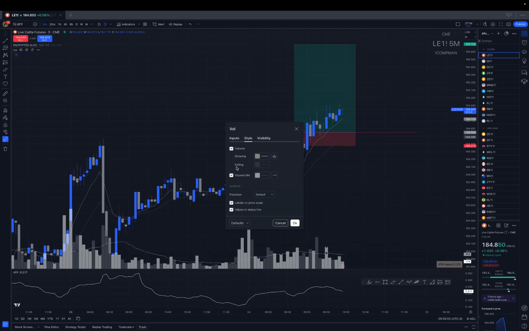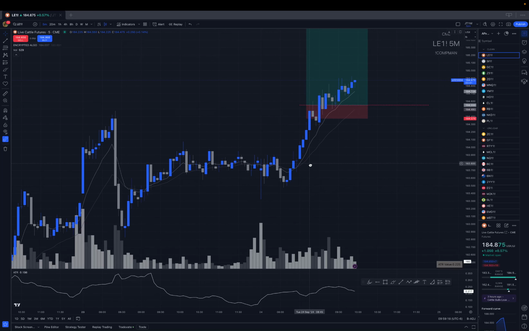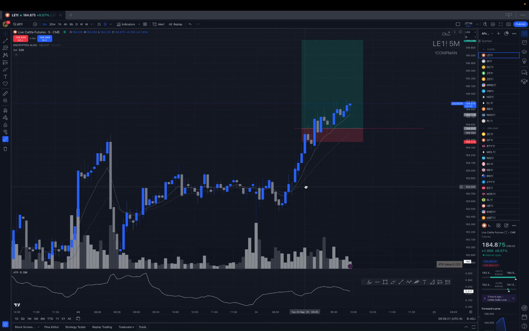I'd just remove the moving average to not confuse you guys. There you go. So at this given point in time, the volume was 529. What that means is during this whole 5-minute period, there was a total of 529 contracts, right?